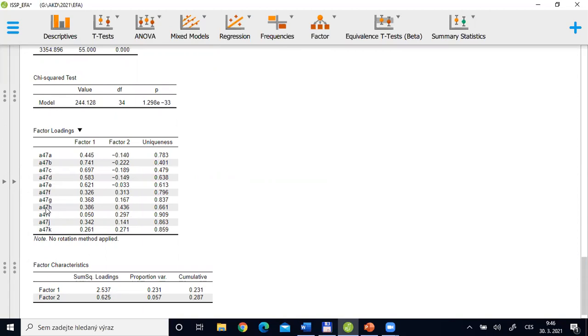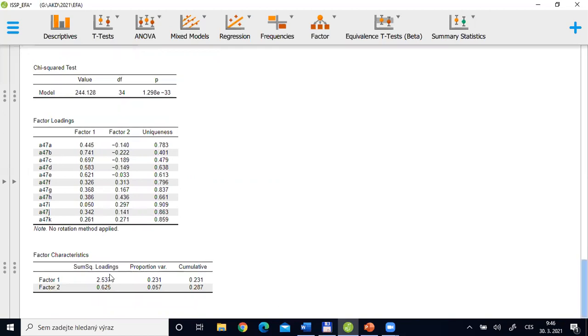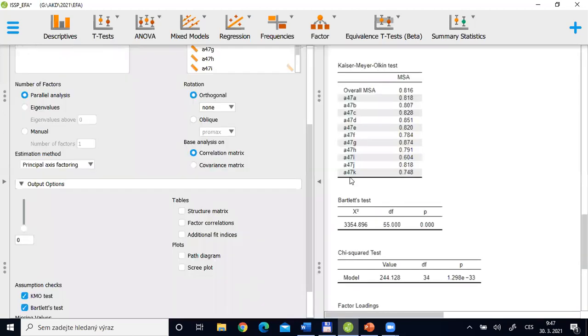So for example, here H47H is quite closely related to factor 2, and this is the only item that seems to be strange outside from the 11 items that are covered in my first solution. And here we have also the table, sorry for that.